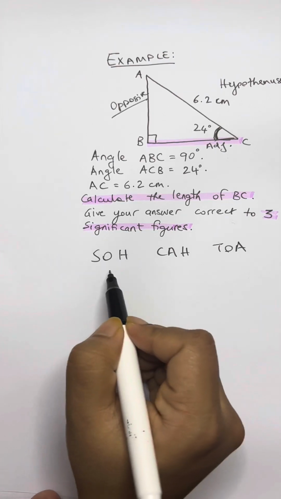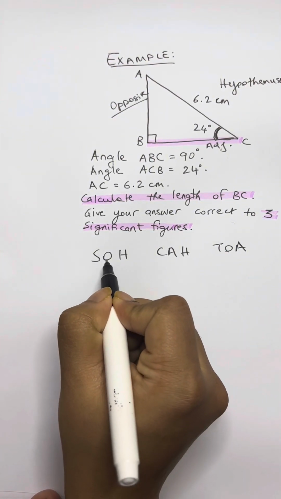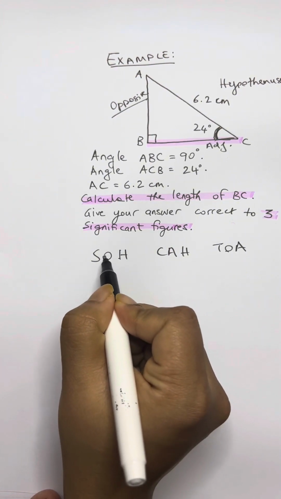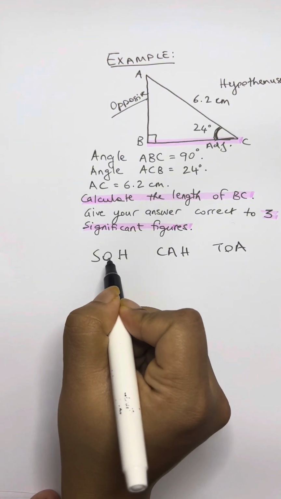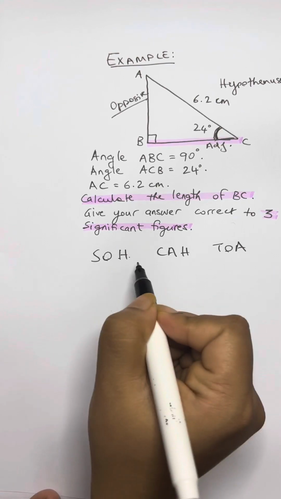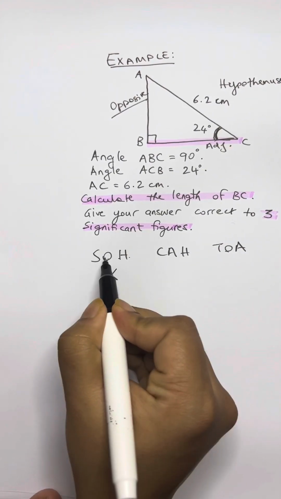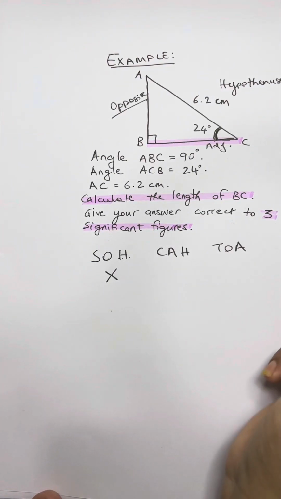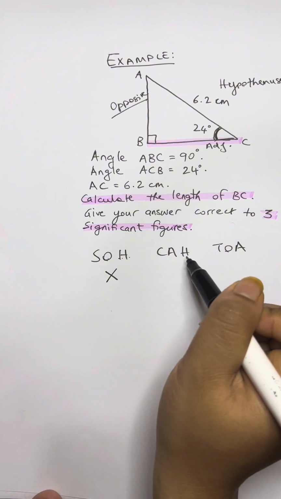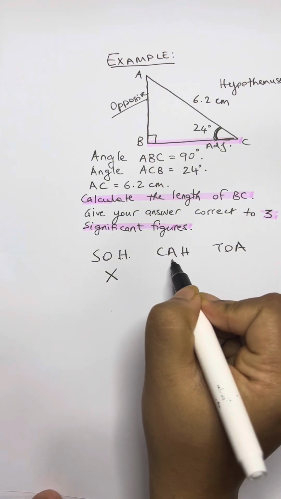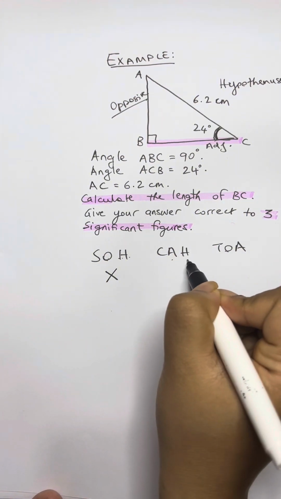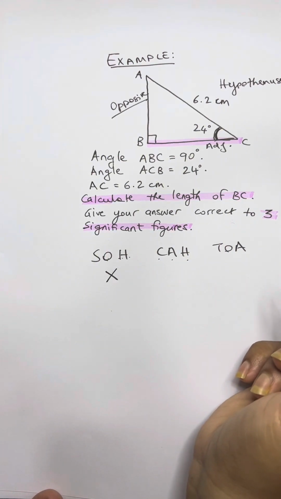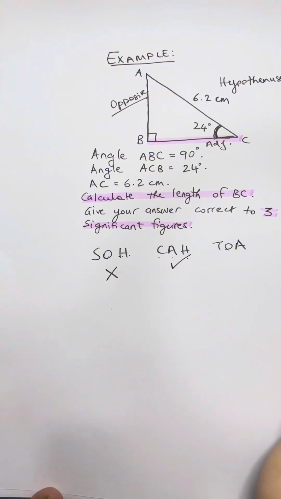Can I use SOH? For SOH, I need to have the opposite and hypotenuse. I don't know the value of the opposite side length. I do know the hypotenuse, so this is not going to work because we need all the values for it to work. In this case, CAH, let's try. I need to find my adjacent, and I have the value of the hypotenuse as well as my angle, so it's CAH that I need to use.